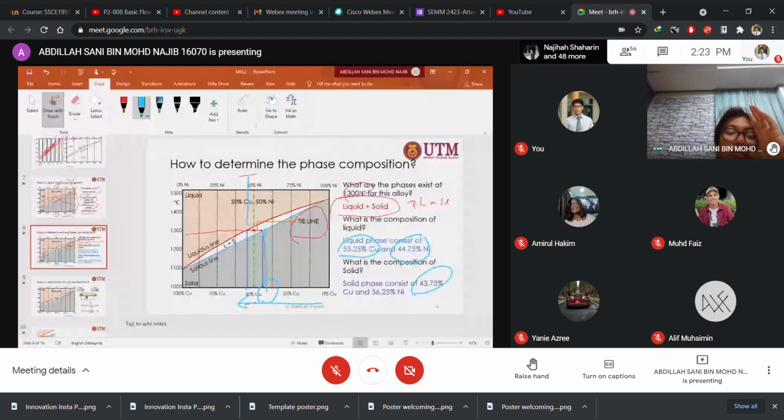You have to be careful. Actually there is a scale down here, but this is for presentation purposes, so we just draw it simplified. So you can know the composition of the solid is like this.